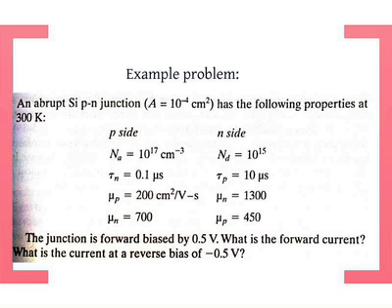Remember, it's a carrier injection: diffusion of electrons on one side, diffusion of holes on the other side. The diffusion current is basically the diffusion coefficient times the concentration of the holes right at the junction, plus the diffusion of the electrons times the concentration of the electrons right at the boundary between the depletion and the neutral region. And of course, this is multiplied by Q, the electronic charge, and the area.